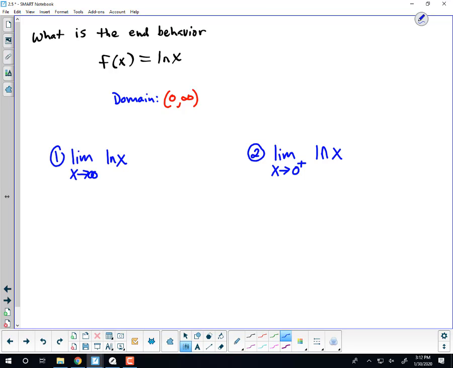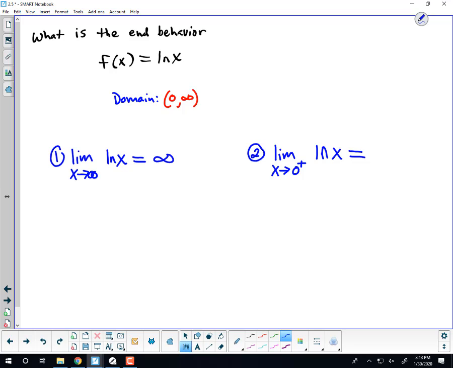So we have to compute those limits. If you remember the graph, then these should be pretty easy too. This is infinity. We said the range was infinite, right? So eventually we end up plugging in all x values, and the function outputs all y values. But what about the limit as you approach 0 from the right? What do the function values get closer to?